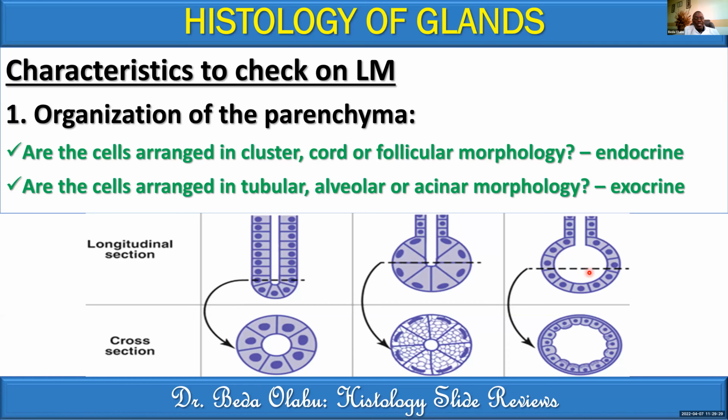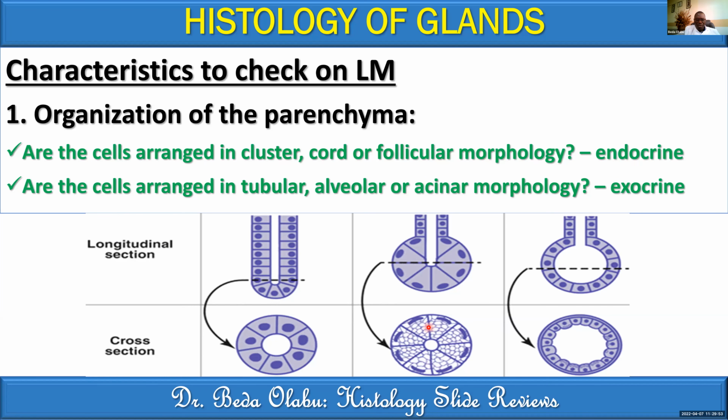The secretory portions are ballooned out. But for acinar morphology, the cells are prism-like, very tall. And so that makes the lumen of the acinar morphology be very narrow or even non-existent, like you can't see it nicely in light microscope. It appears collapsed most of the time.